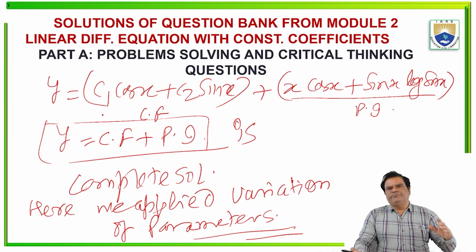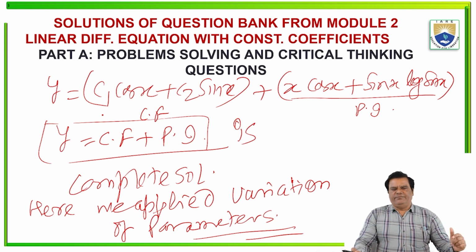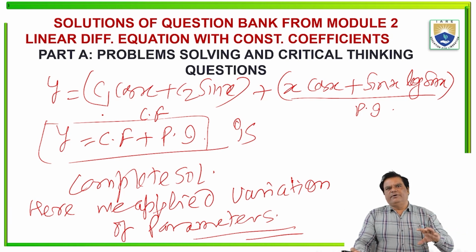Here y1 and y2 verify equation 2, after putting RHS equal to 0, because y1 and y2 are solutions of the equation from which we found the complementary function. But y equal to u y1 plus v y2 verifies equation 1, because this is the complete solution of equation 1.